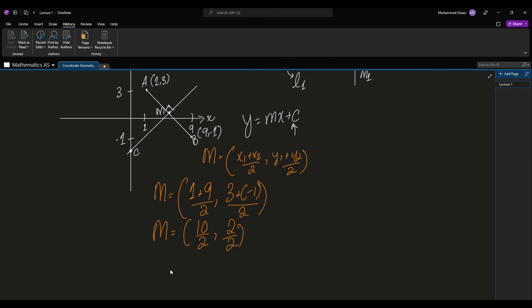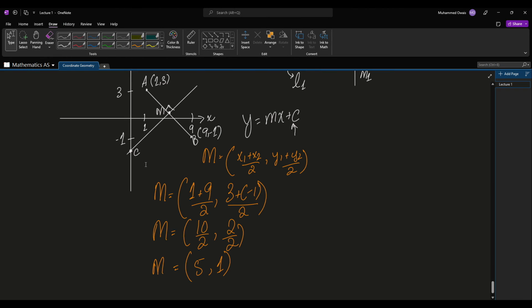So the midpoint becomes M equals 5, 1. The coordinates of the midpoint are 5 and 1. Now we know the coordinates of the midpoint.